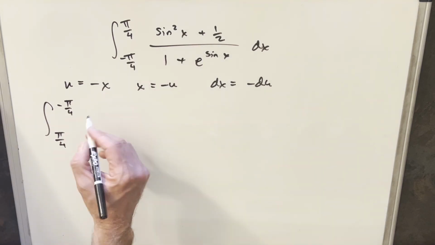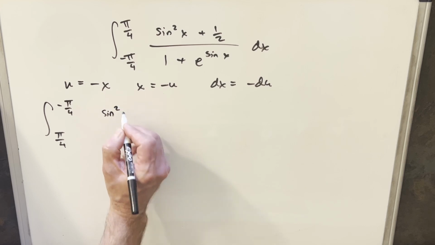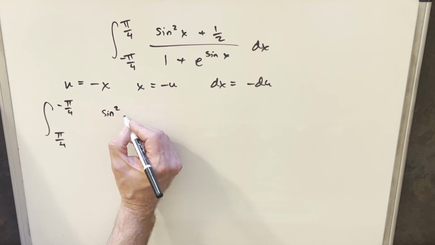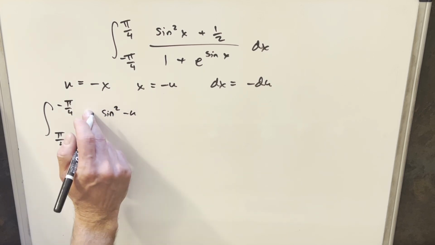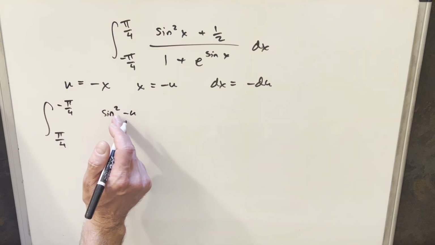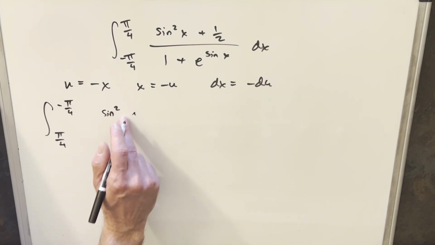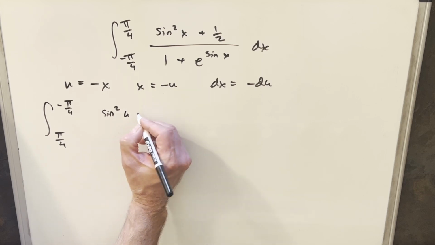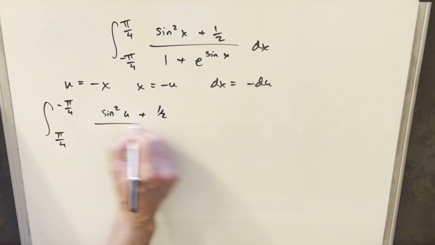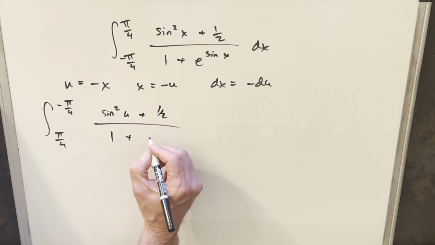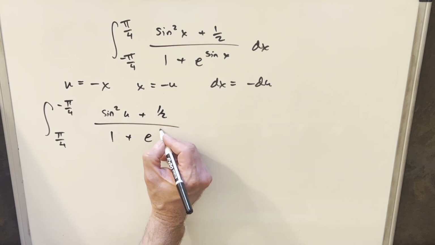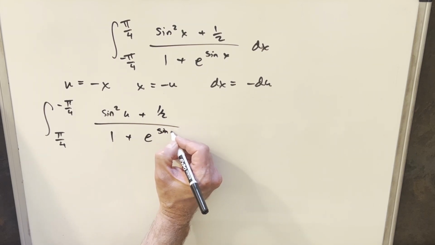Now when I plug minus u into sine squared, because we're squaring it, we could bring the minus out front, but then the minus goes away. So I don't even need the minus here. I'm just going to write this as sine squared u plus 1/2, over 1 plus e to the sine of minus u.